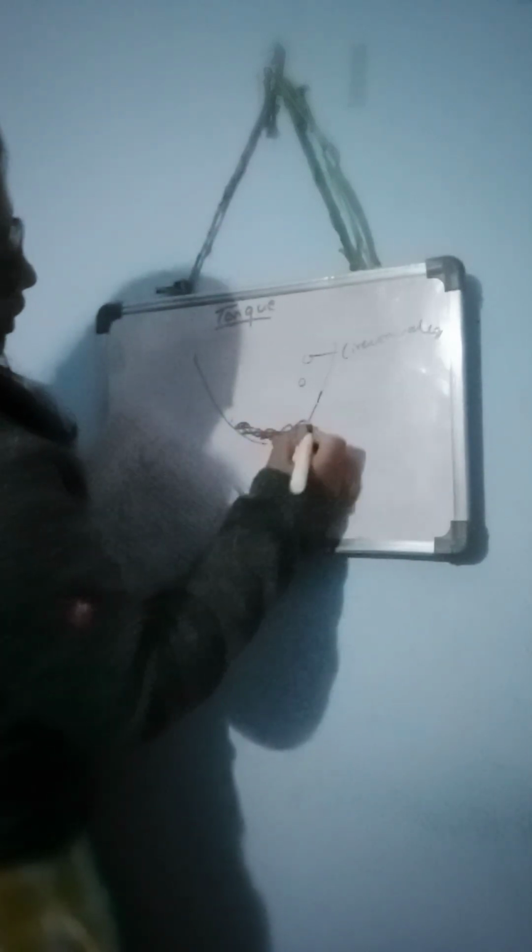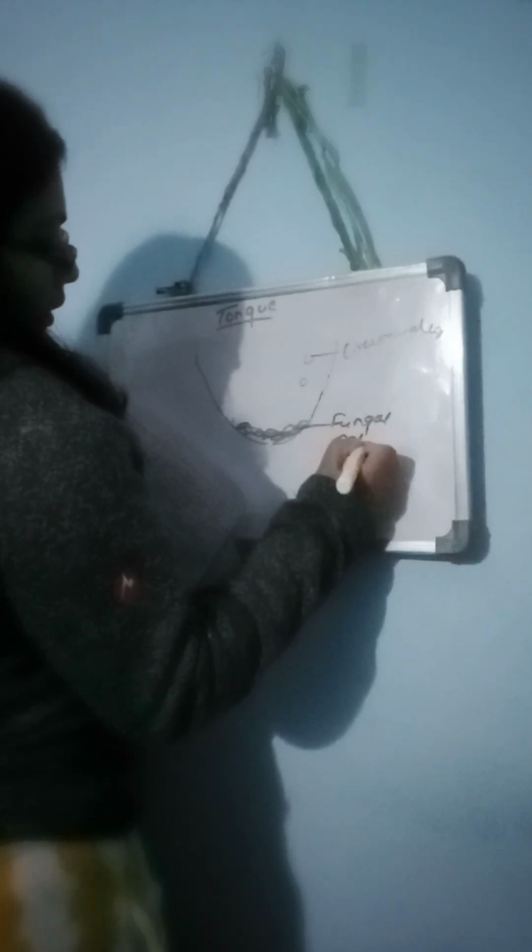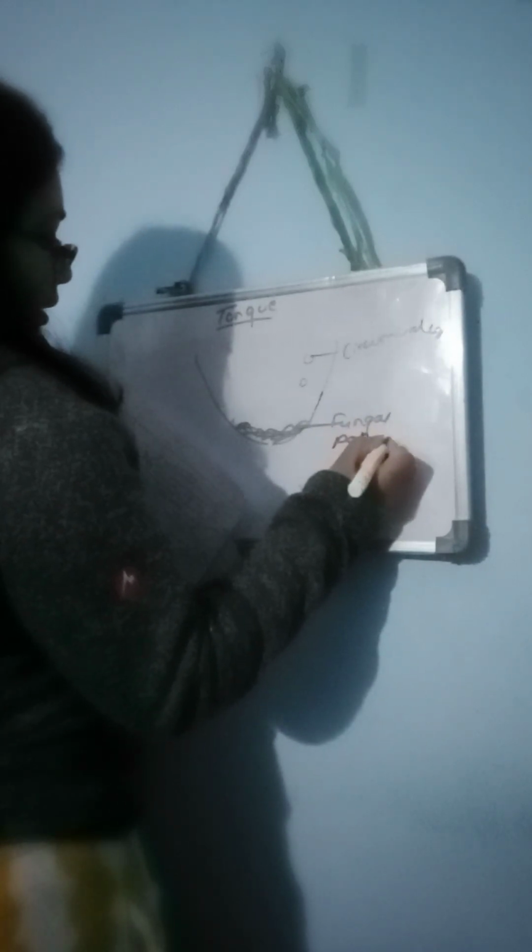Towards the tip of the tongue we have the fungiform papilla. Towards the lateral regions, and also in the center, we have the filiform papilla.